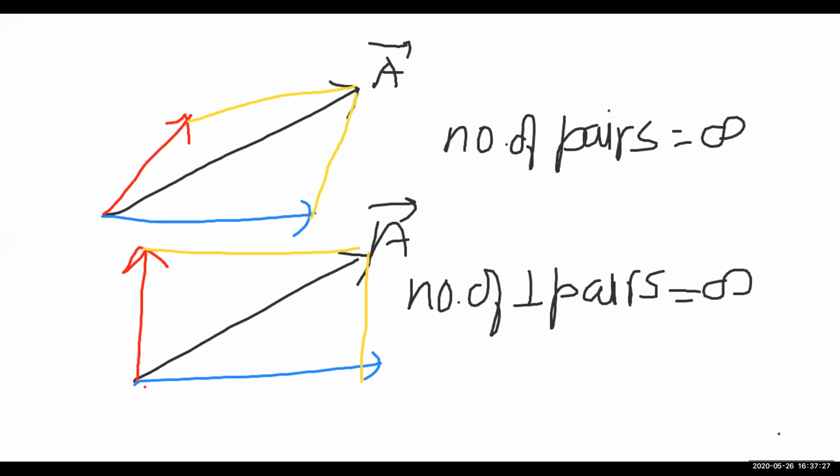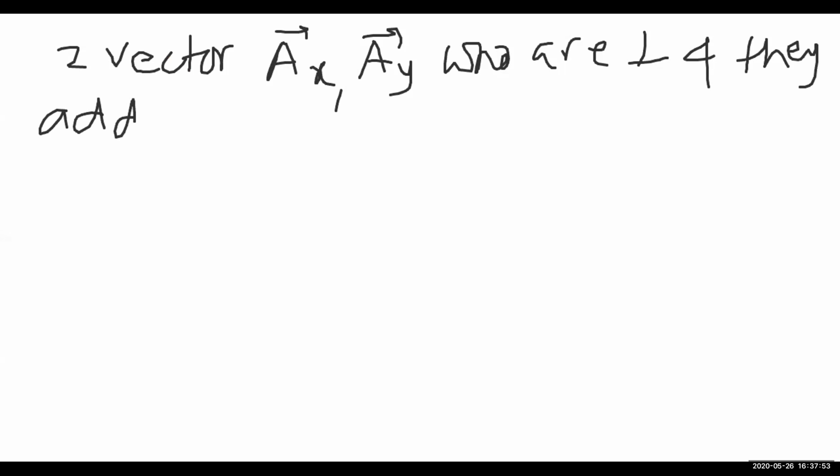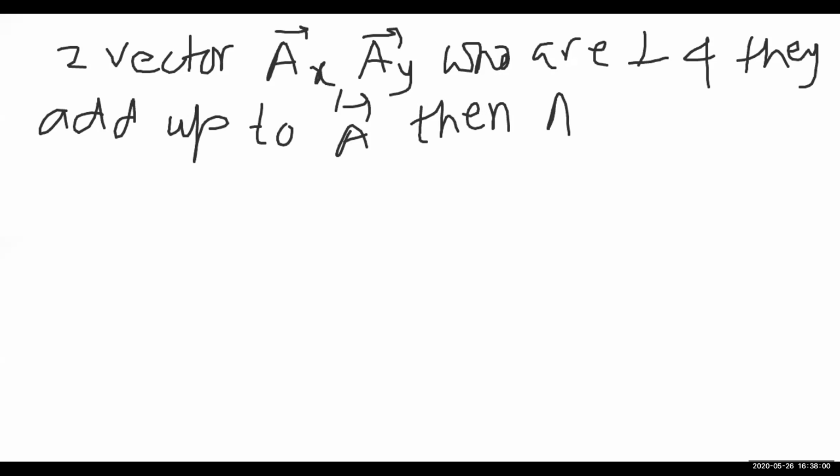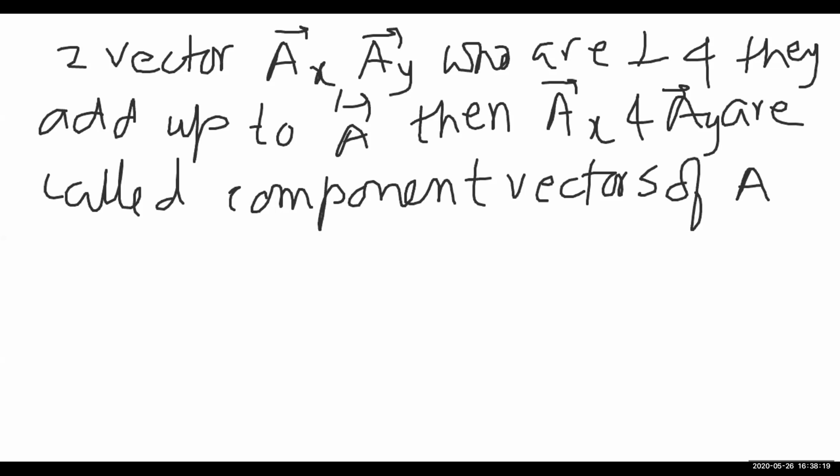So it turns out that if you have two vectors, let's call them AX and AY, who are mutually perpendicular to each other, and they add up to vector A, then AX and AY are called component vectors of A. Right?